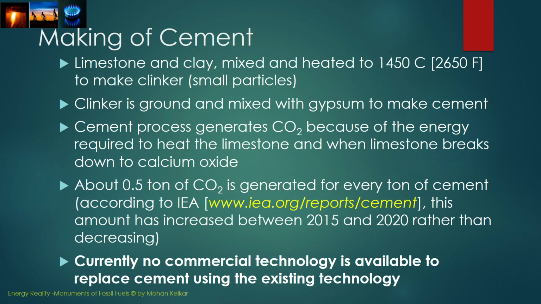Roughly about half a ton of CO2 is generated for every ton of cement. According to IEA, over the last 5 years, the amount of CO2 generated for every ton of cement has been increasing rather than decreasing, which is required for net zero emission.